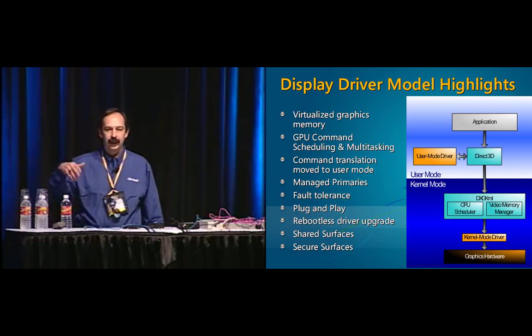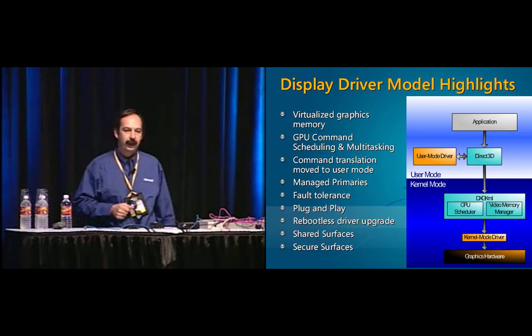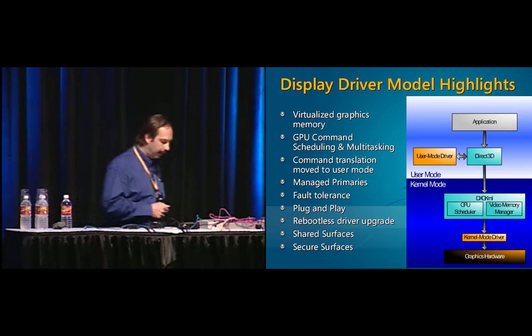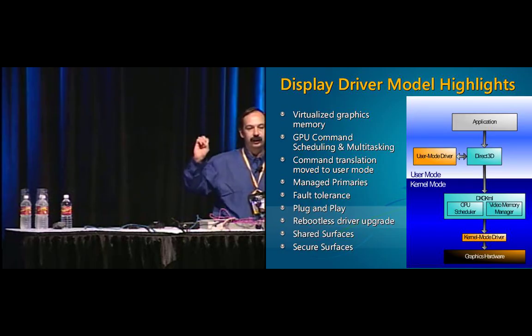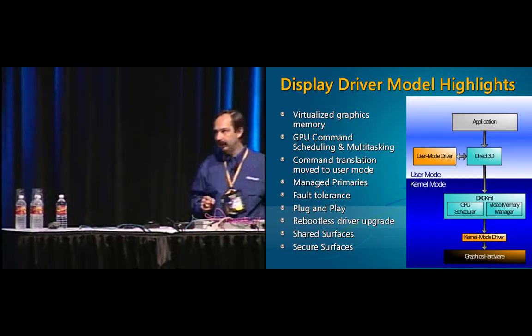So occasionally GDI, if you were actually rendering things to GDI, would appear on the screen in the middle of your application. If any of you have played games and wound up with your Outlook flashing in the bottom of the screen, that sort of thing happened in the past.